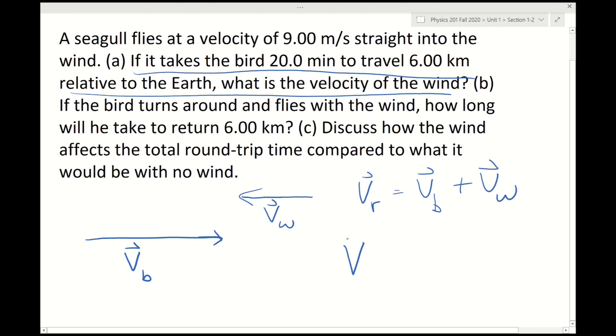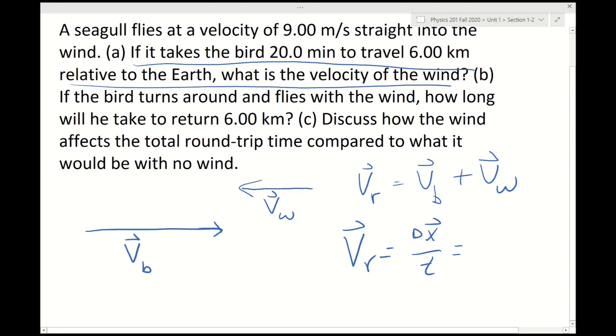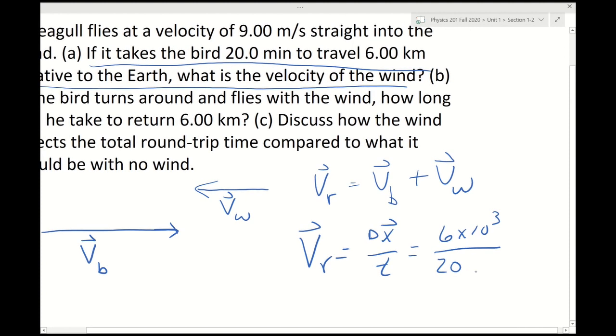So we remember that a velocity is simply a displacement per time. In this case, the displacement is 6 kilometers or 6,000 meters in a time of 20 minutes, which is 20 times 60 seconds.